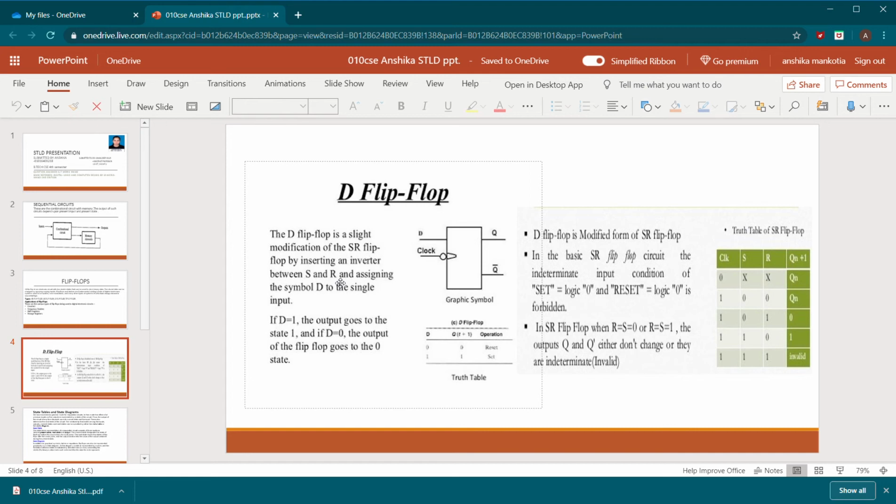We just have to take a NOT gate between S and R as written here.